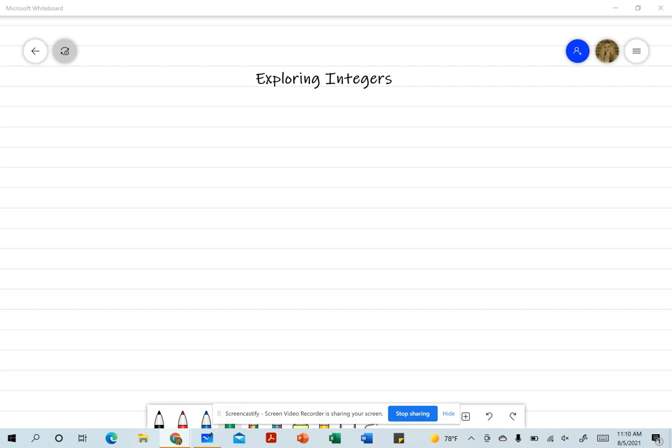What an integer is. So now we're going to explore a little further how to plot integers on a number line, their values, and then we're going to just practice with them a little more.